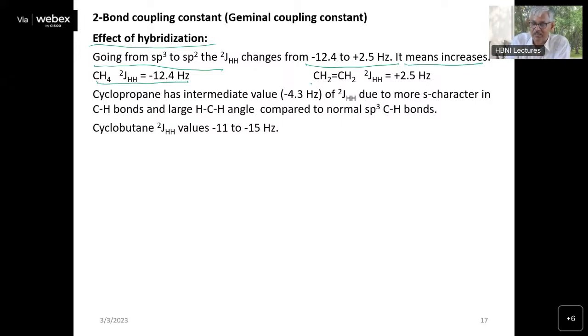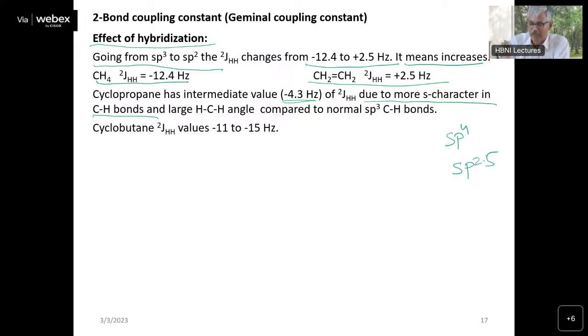This is what I have already told you. Cyclopropane has an intermediate value, minus 4.3 Hz, due to more S character in the CH bonds. Cyclopropane has banana bonds, and the carbon-carbon bonds have more P character, so they will be about sp4 type or something, whereas the carbon-hydrogen bond will be, let us say, sp2.5.